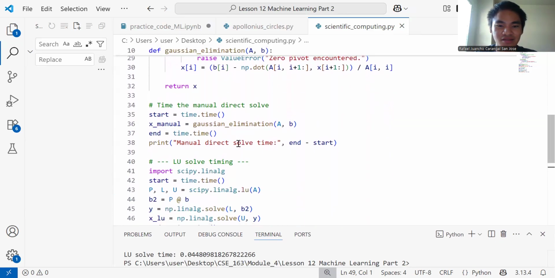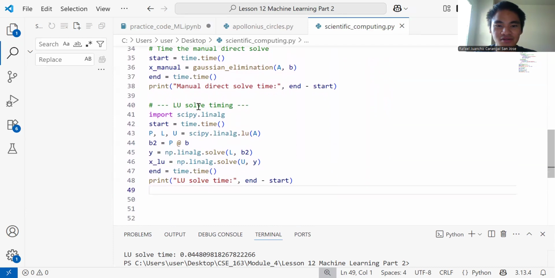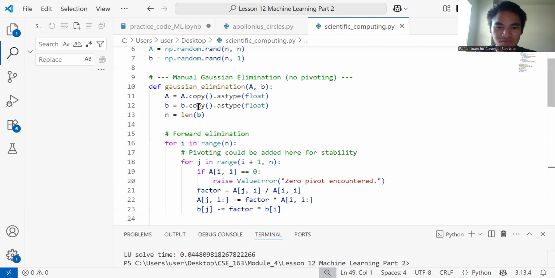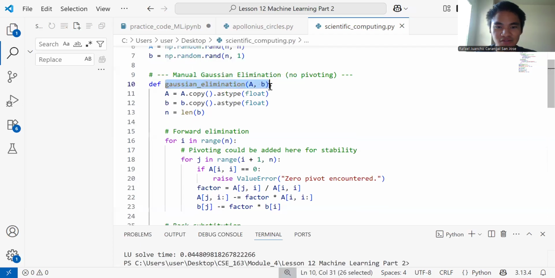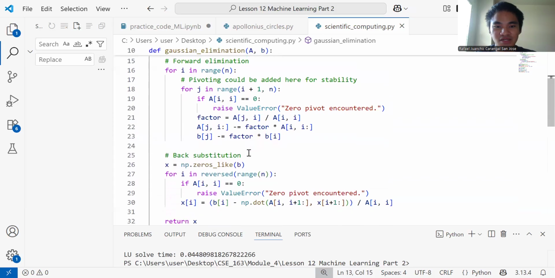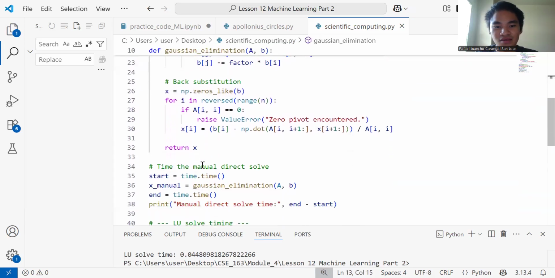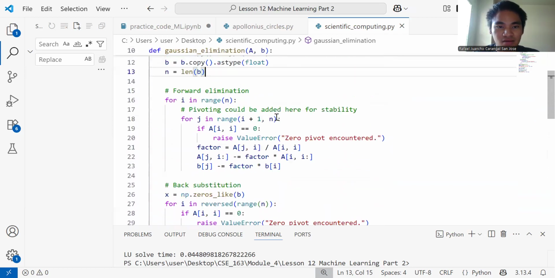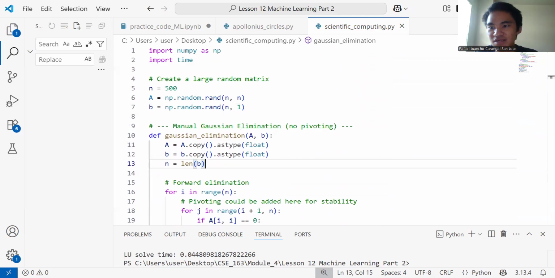But here's the manual direct solve. So they created a function here: Gaussian elimination, forward elimination, back substitution. And then my LU, which has linalg. Okay, cool. So that's the basic idea.